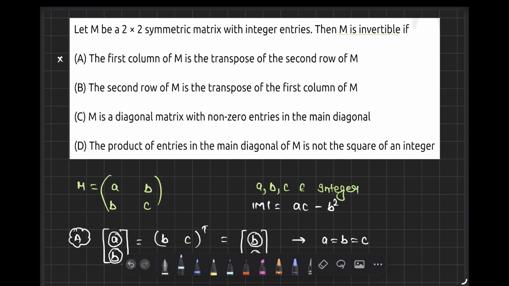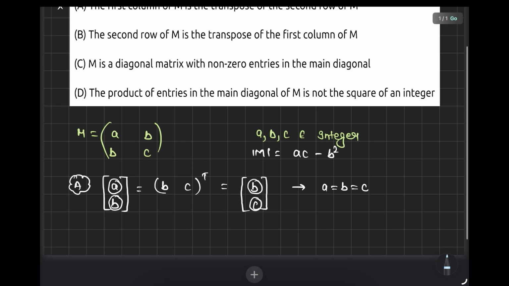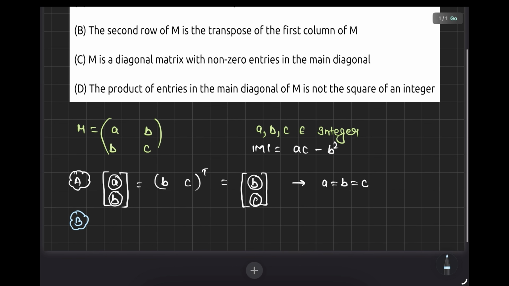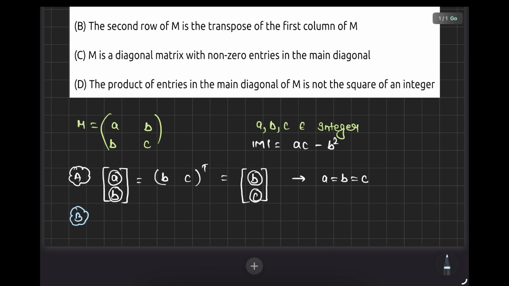Now focus on option number 2, that is B. Be slow and you will understand. The second row of M, B, C, is the transpose of the first column of M. So first column of M is A, B, transpose.